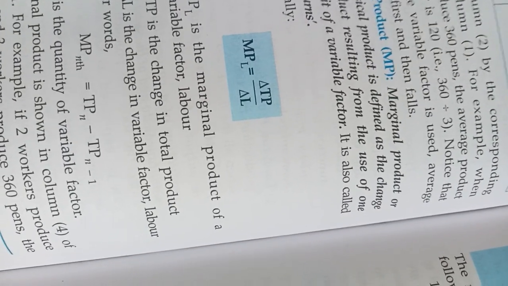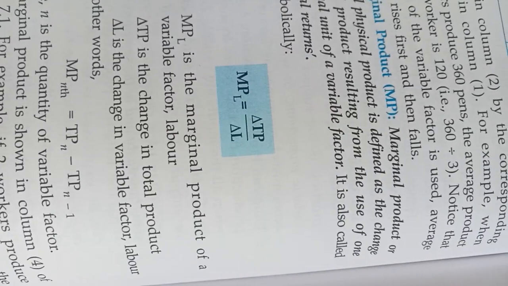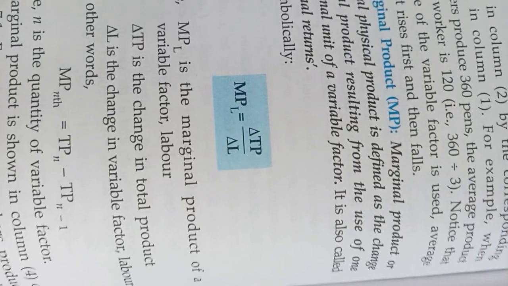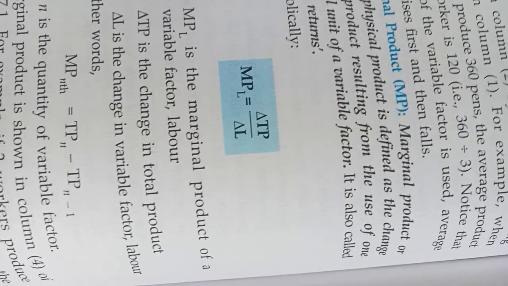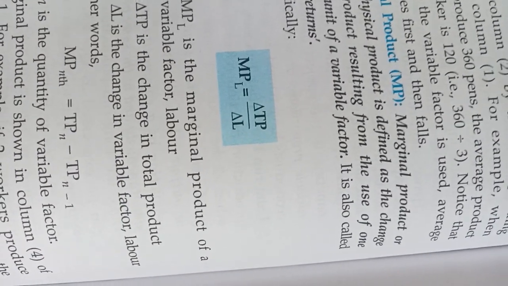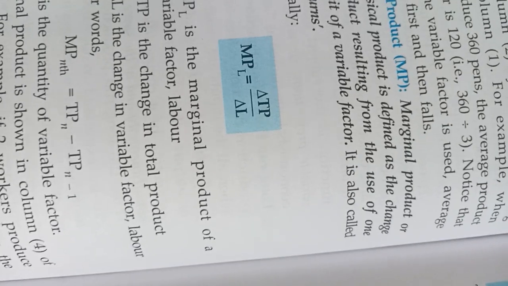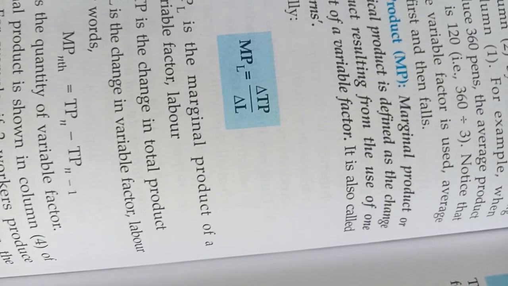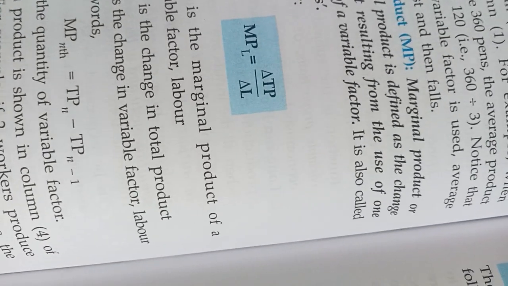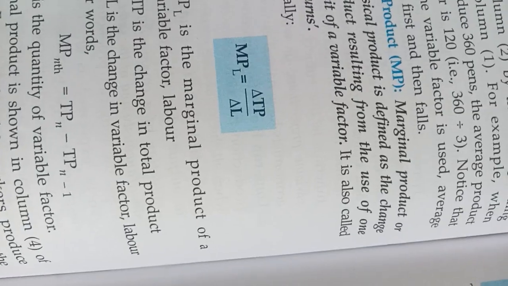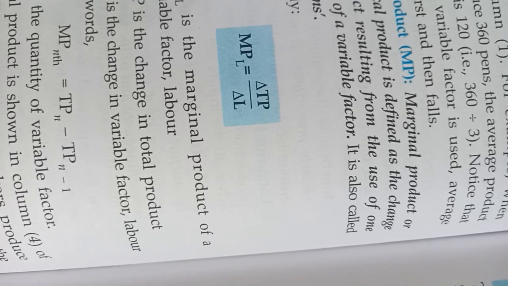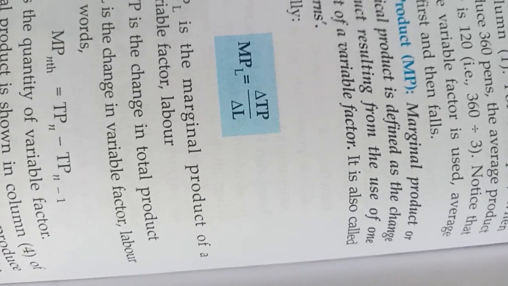Now 11 laborers are used, one extra unit of labor. Then what is the change in the total product? It was 120, and when 11 laborers are used, suppose the total product becomes 132. 132 minus 120 is 12. 12 is the marginal product.